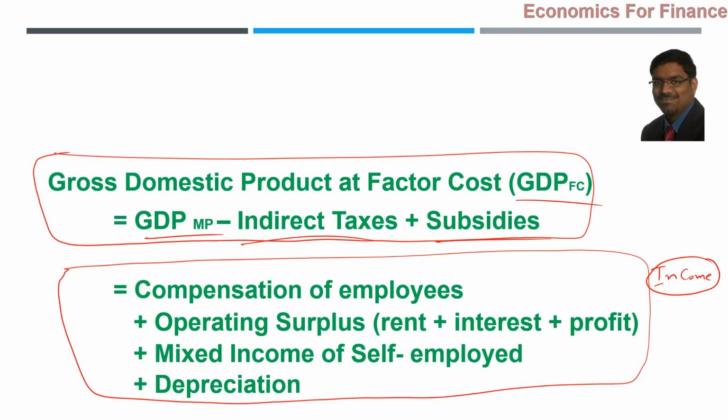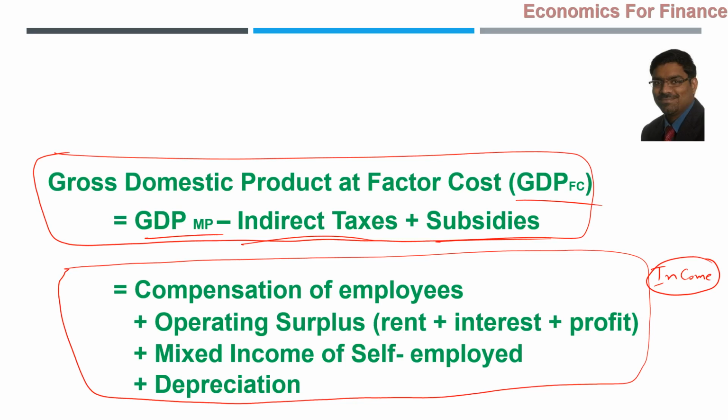Compensation of employees, that is the wages and salaries earned by the working class, plus operating surplus, which includes rent, interest and profit. Rent will be for the landlord, interest will be for the person who has provided the capital, and profit is for the entrepreneur, the person who has provided the capital.